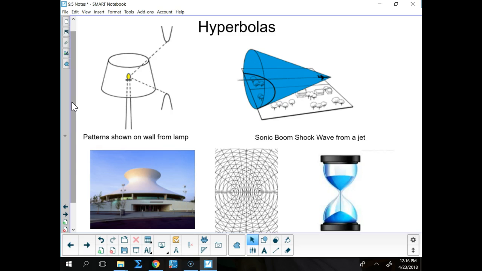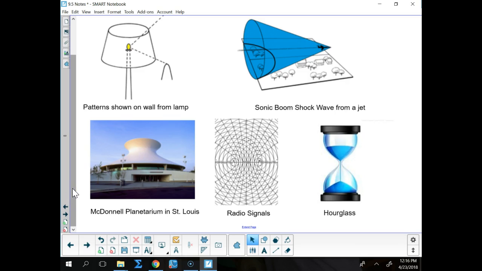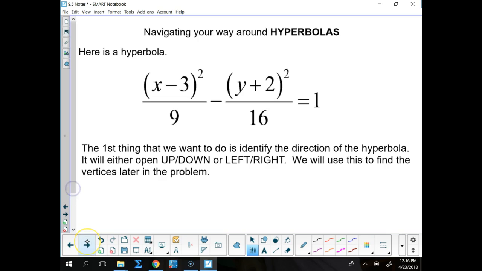This planetarium in St. Louis is a hyperbola. An hourglass right here has a hyperbolic shape. Locating radio signals and triangulating and all that fun stuff, that's all hyperbolas.